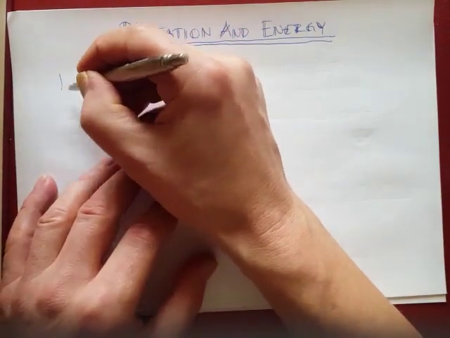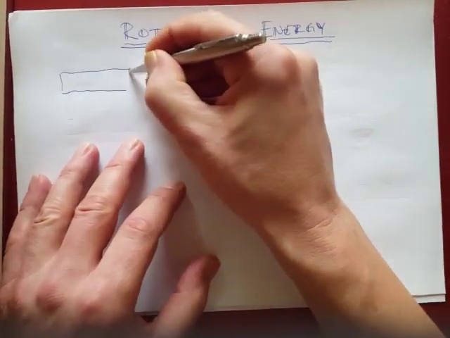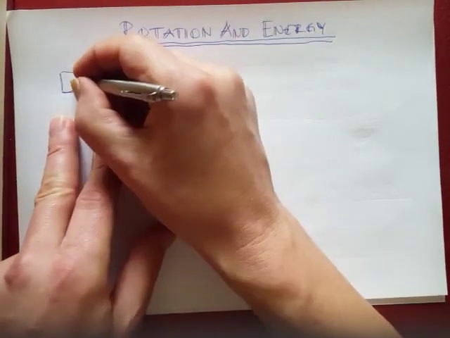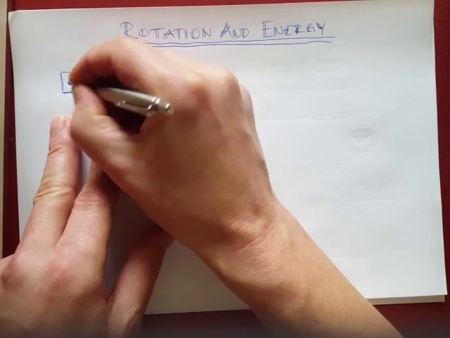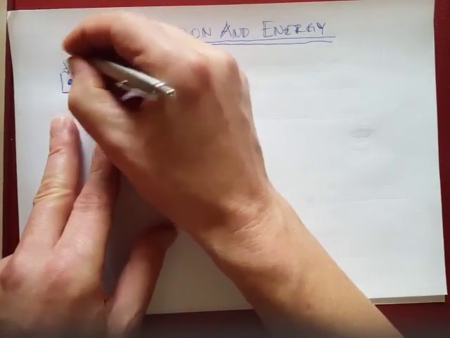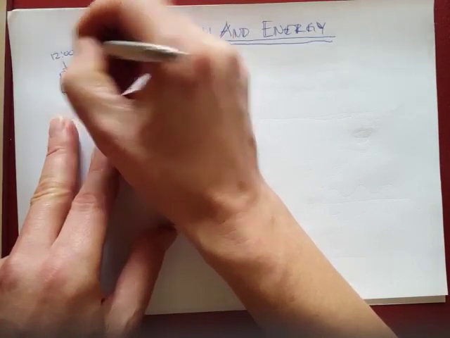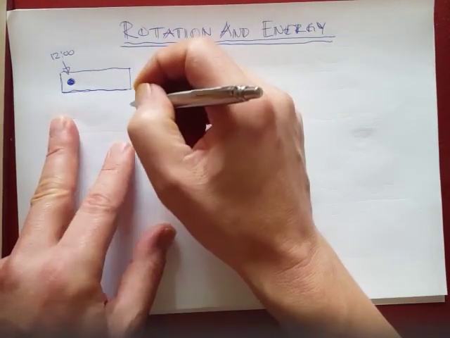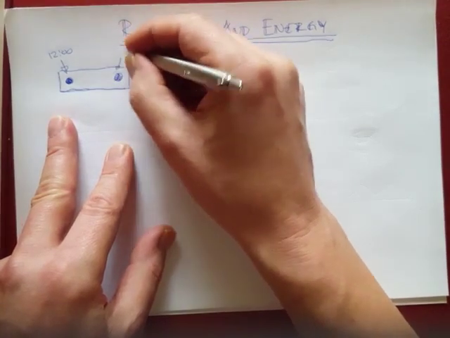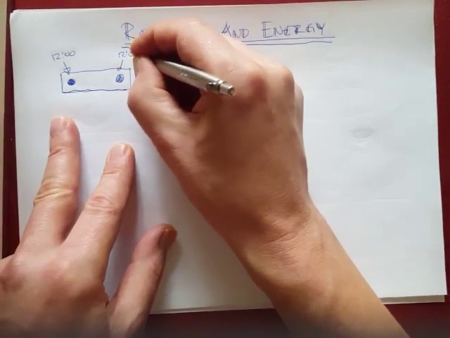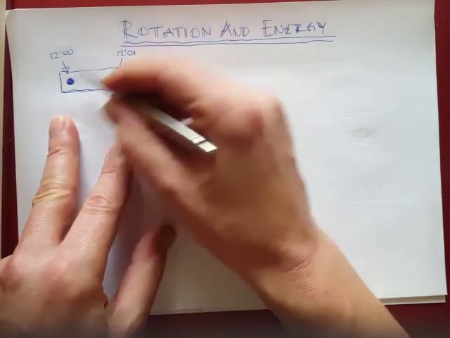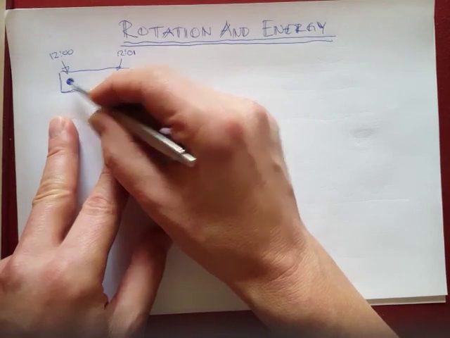We started out with a box where we made an observation of something, a ball or whatever, a particle, at the time point 12:00. And then we left this room and came back and made a new observation at 12:01. And at 12:01, that ball was gone, and then we have a ball here.